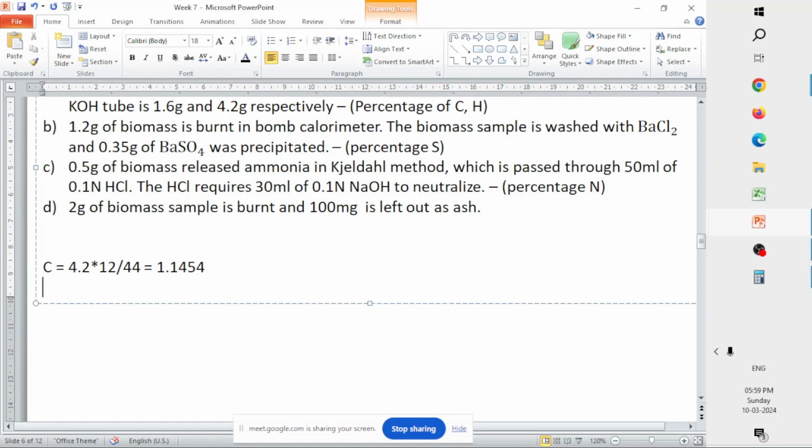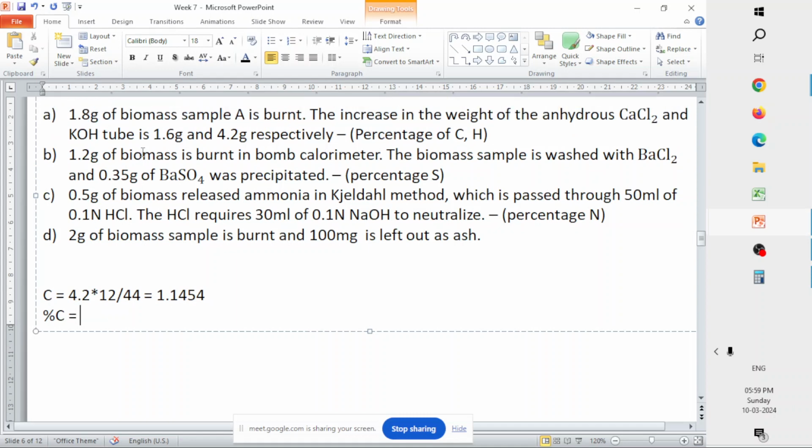And so what will be that in the biomass sample? So percentage carbon, because once you burn all this biomass, whatever carbon is there will get converted to carbon dioxide. So this will be the total carbon generated from the biomass. You take 1.8 grams, so 1.1454 by 1.8 multiplied by 100.